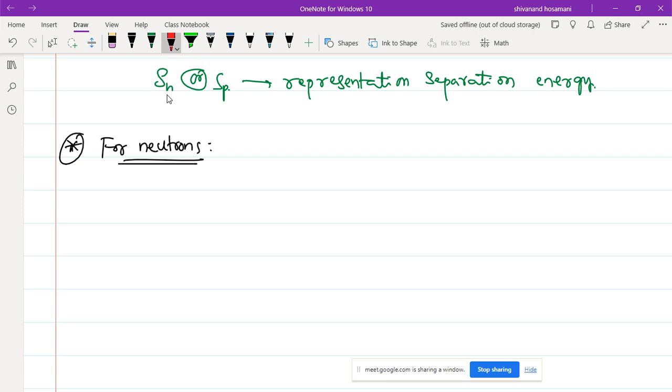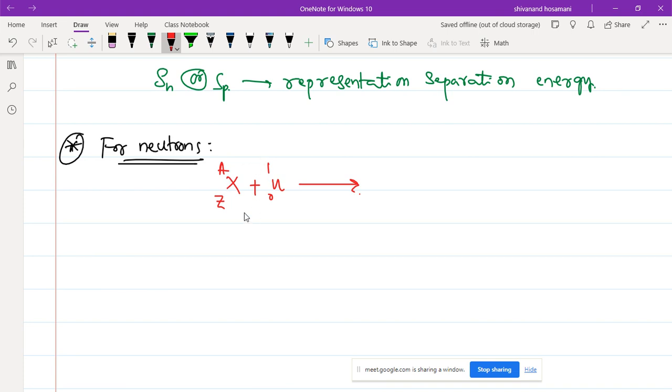Whatever amount of energy is required to separate it, the same amount of energy will be released during its capture.